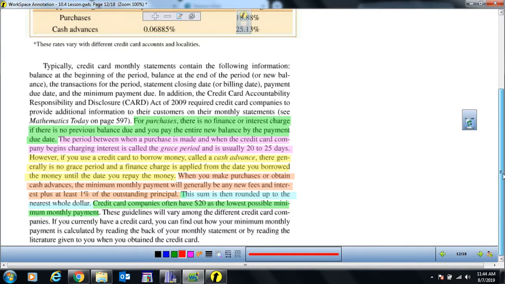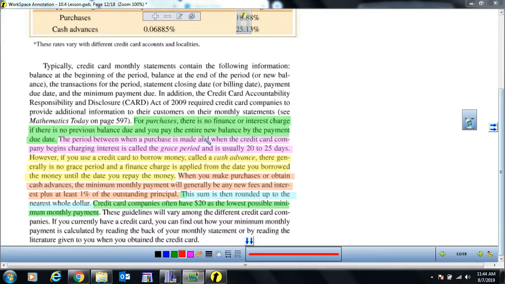It says a few interesting details here. For purchases using credit cards, all of this is assuming you're using a credit card, there is no finance or interest charge if there is no previous balance due and you pay the entire new balance by the payment due date.